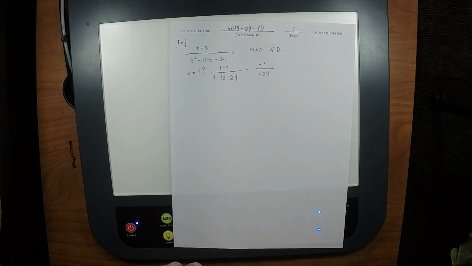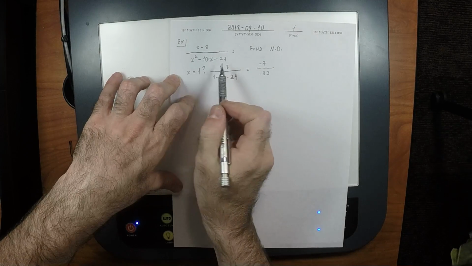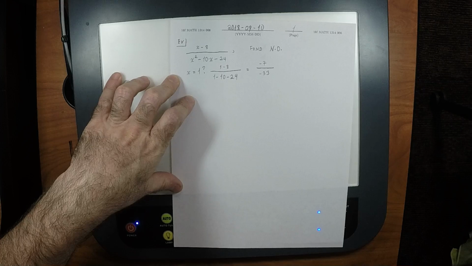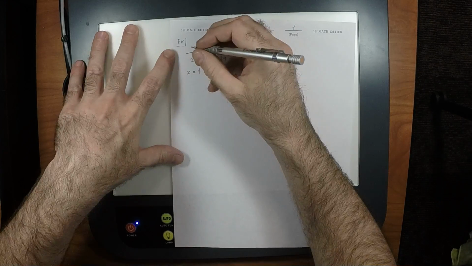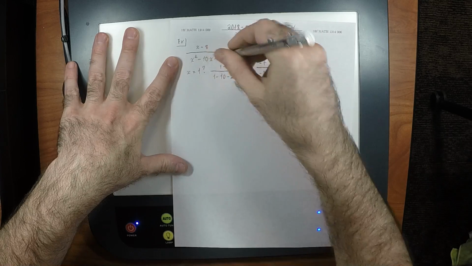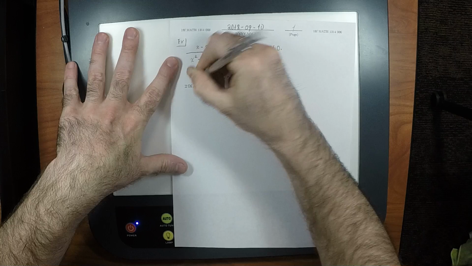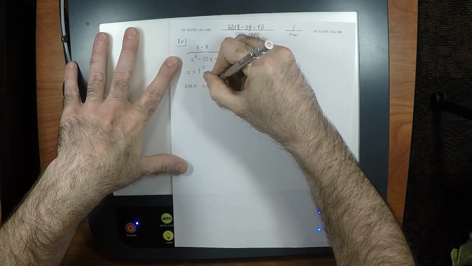There's nothing wrong with that. So how do we figure out when the denominator is 0? We need to factor it. The main idea is that you cannot divide by 0.